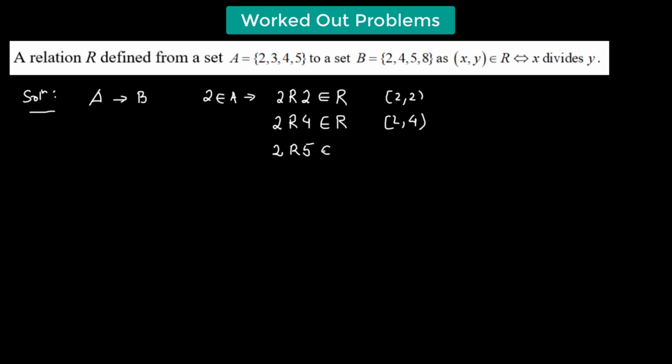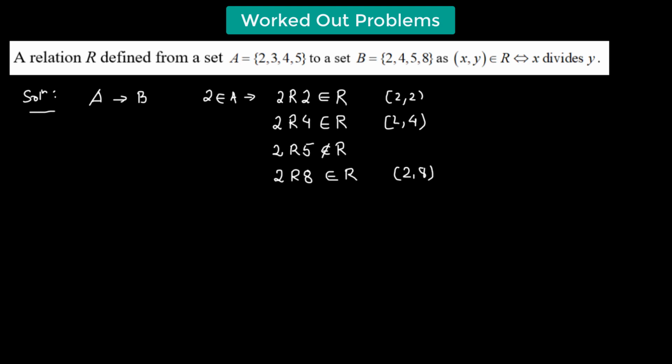So we'll say that this does not belong to our relation R. So this is not going to form any ordered pair. Then the final element in set B, so we'll have 2R8. Now 8 is divisible by 2, so that means this belongs to our relation and this is going to form an ordered pair 2, 8.